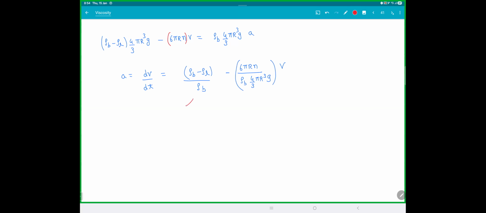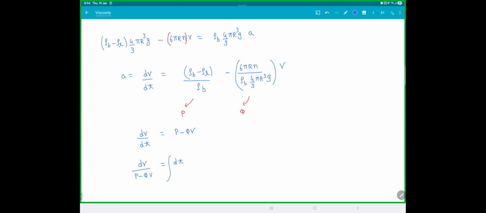So let's call this whole thing p, and this whole thing q. You can simplify q further. So dv by dt is equal to p minus qv. Now it looks simple. So dv by (p minus qv) is equal to dt.